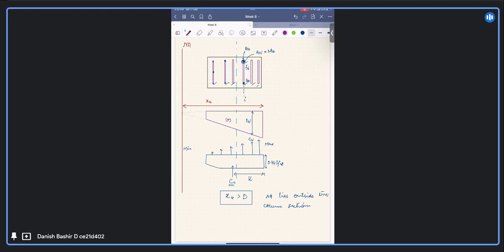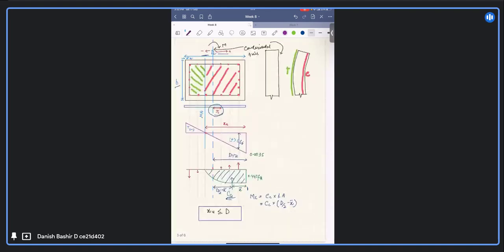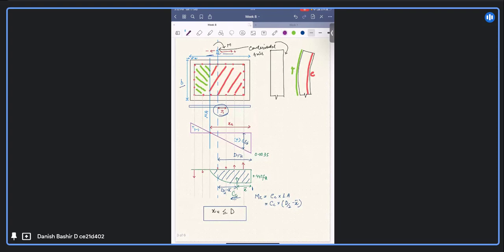Same in the analysis of columns, we are having those same similar three sections. Balance section is where the maximum strain in the most strained concrete fiber reaches simultaneously with the steel. Steel also reaches the yield strain, and the concrete also reaches the strain of 0.0035. That is the balanced section, and the failure at that section will be called as balanced failure.